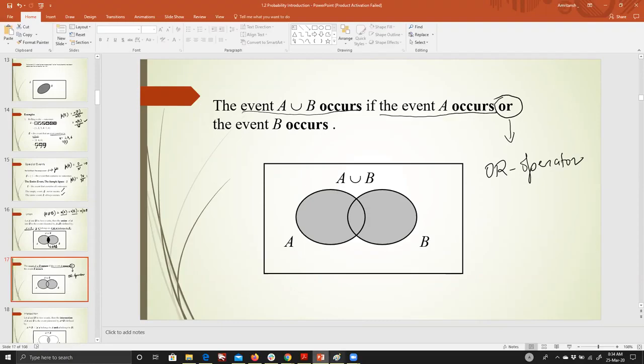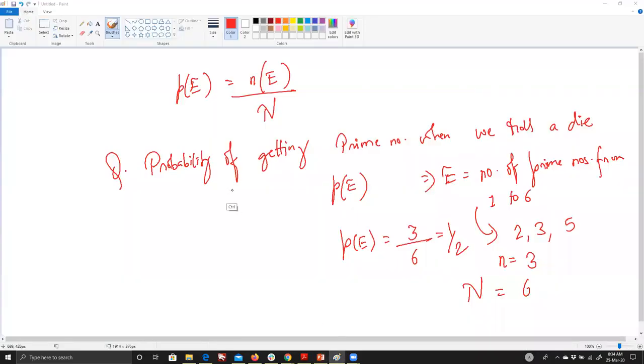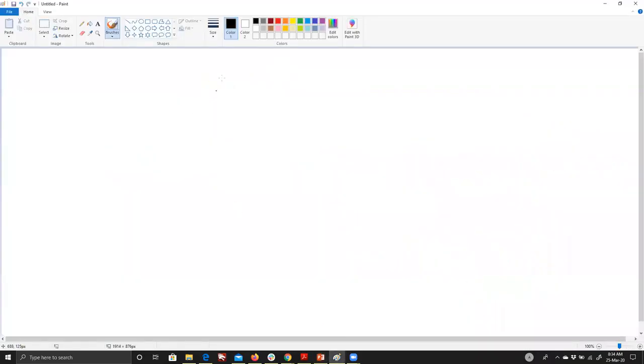Or is a logical operator. So what is the property of or? Does anyone know the truth table of or? False or false is false, and the rest of them are true. Anything that is true makes it true.